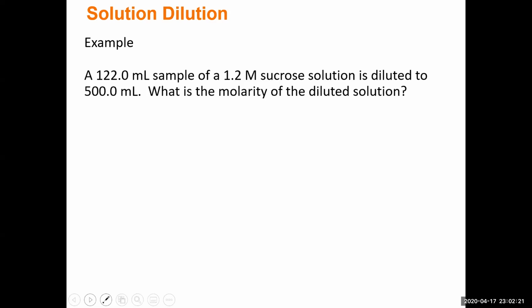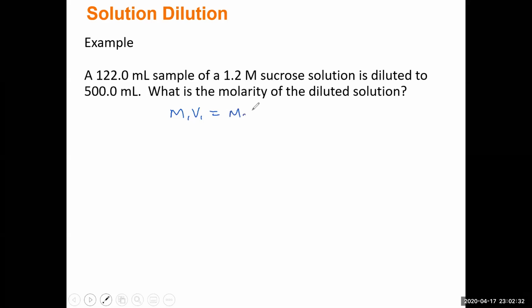All right, let's do this together. So we know we're dealing with solution dilution, so we'll be using the equation M1V1 equals M2V2. From the information given to us, our initial volume is 122.0 milliliters.